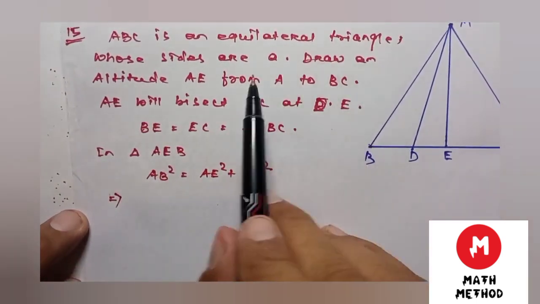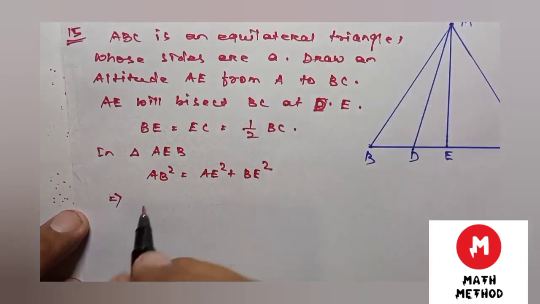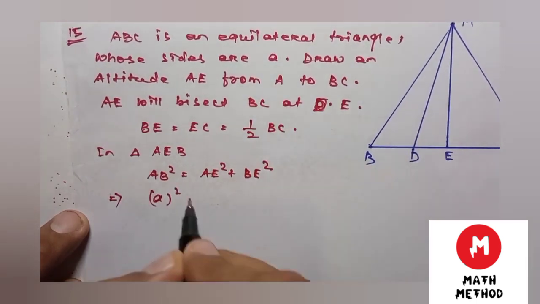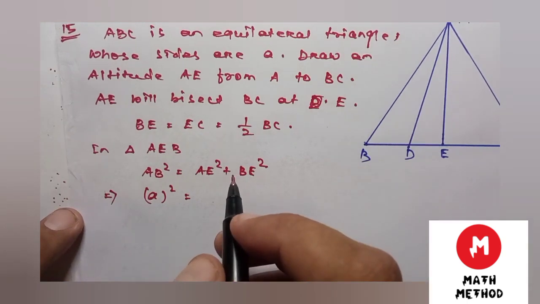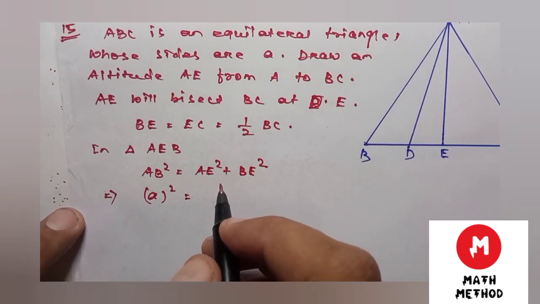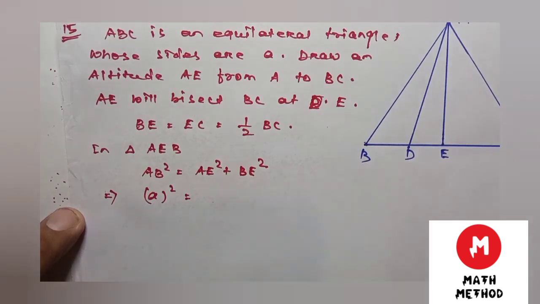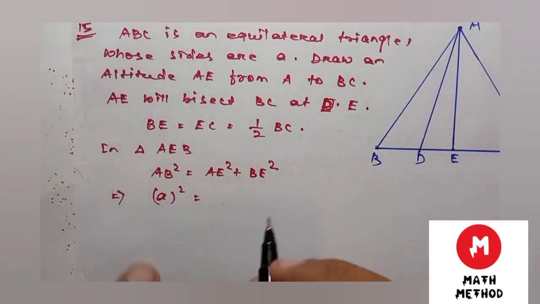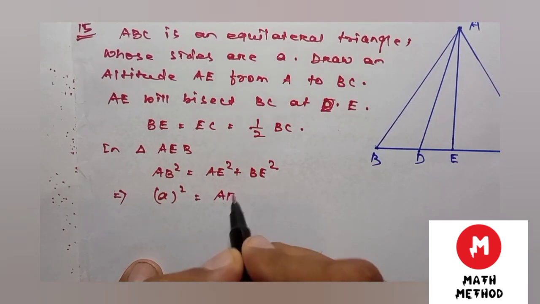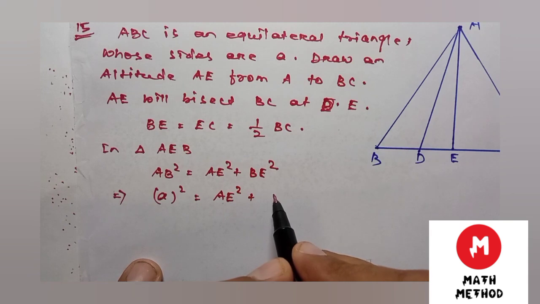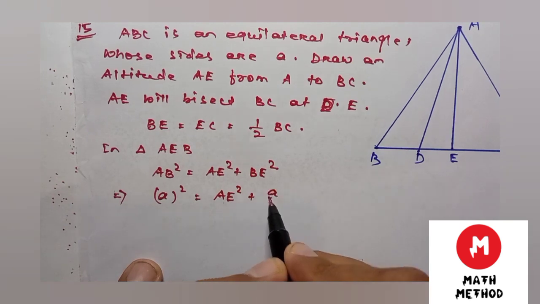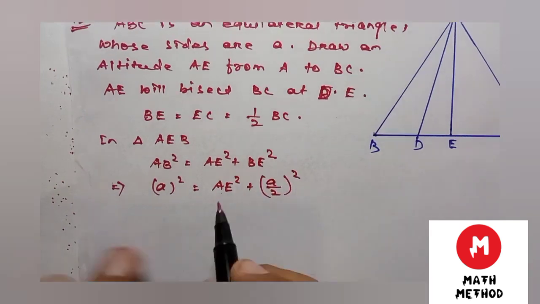We have taken each side as a, so AB equals a, so a whole square equals AE square plus, here BE is equal to half of side BC, so this will become (a by 2) whole square.